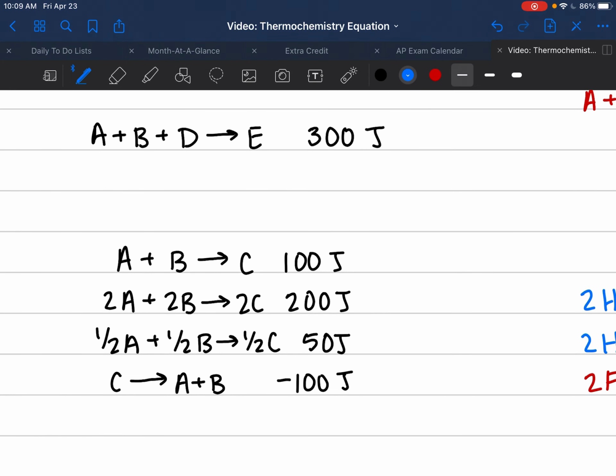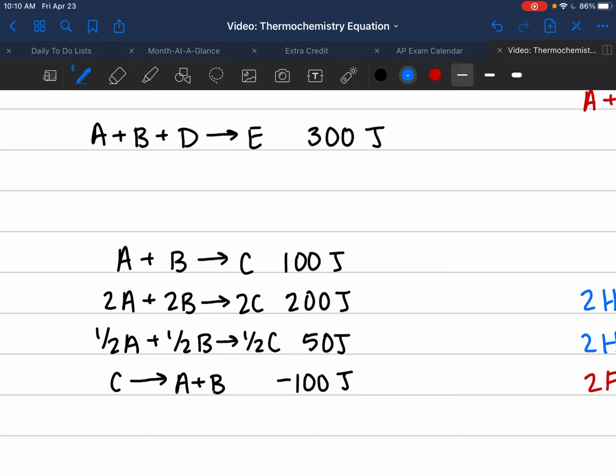So in this first example, we still have that A plus B yielding C that is 100 joules of heat or thermal energy. Notice here, if we multiply everything out by 2, where we get 2A plus 2B equals 2C, you will do the same thing to the enthalpy.